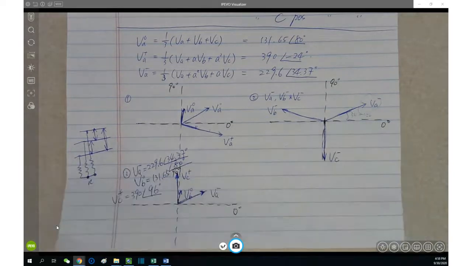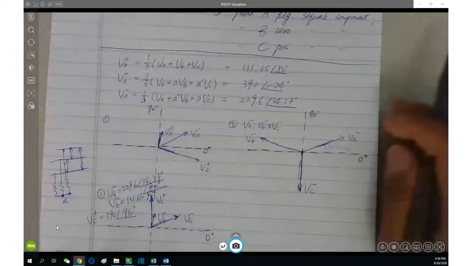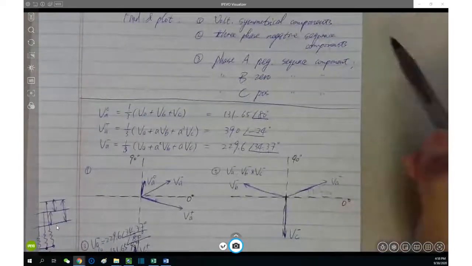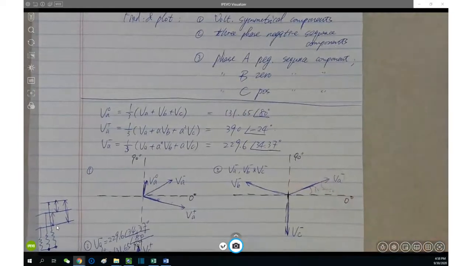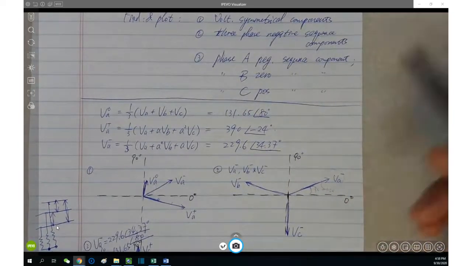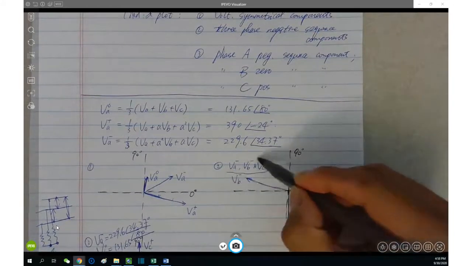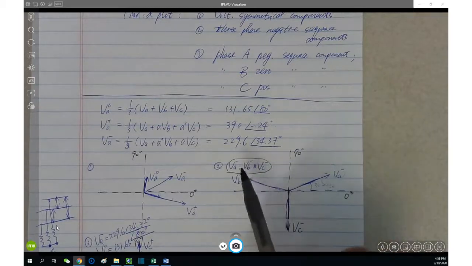Could you run over plotting the negative sequence one more time? This guy, okay, here. First of all, by reading the problem, you need to understand what I'm asking for. So first, the three-phase negative sequence components, I'm asking for VA minus, VB minus, and VC minus, right? VA minus is the easiest one, and always the first one to go with.